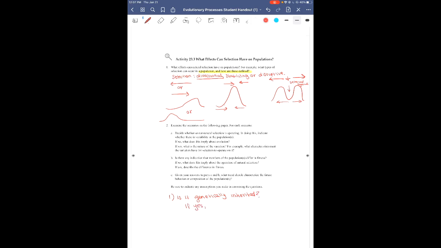And if the answer is yes, then we will usually see selection. And once we determine that there is selection, then we're going to talk about what type of selection that is. That's what we talked about in the first question, whether that's directional, stabilizing, or disruptive.